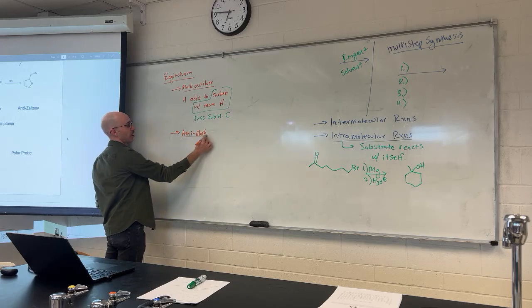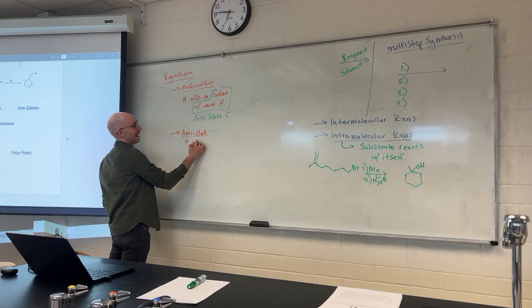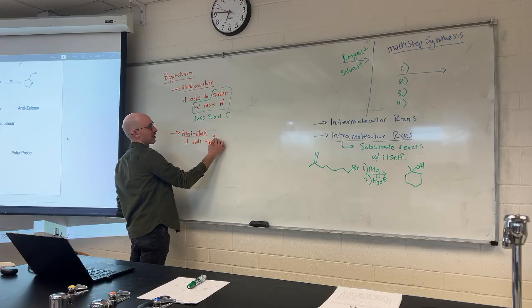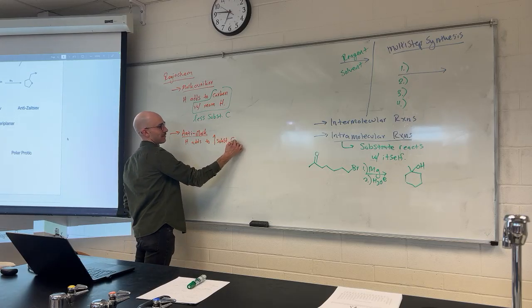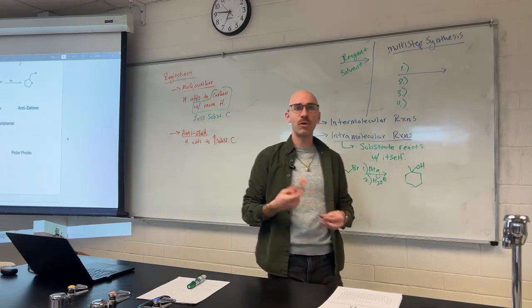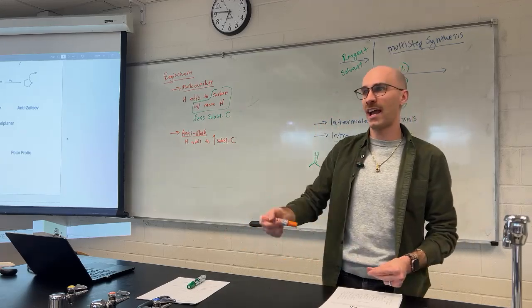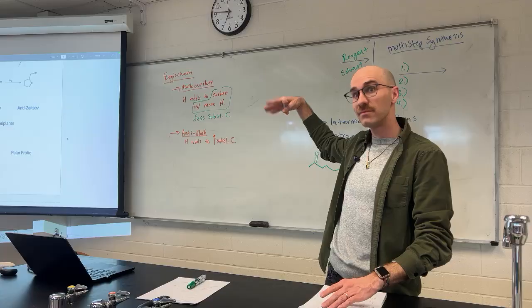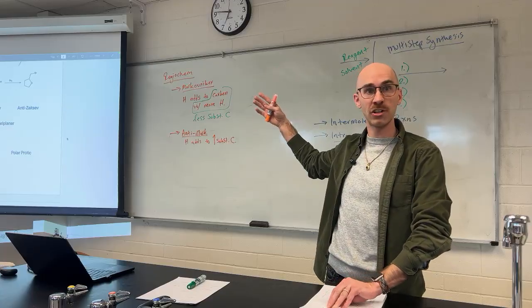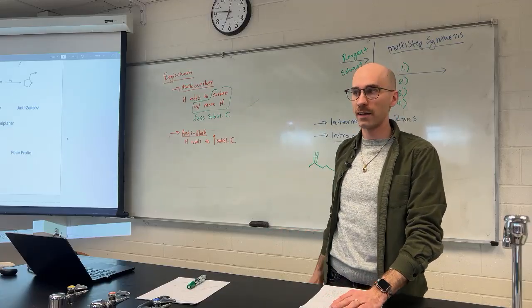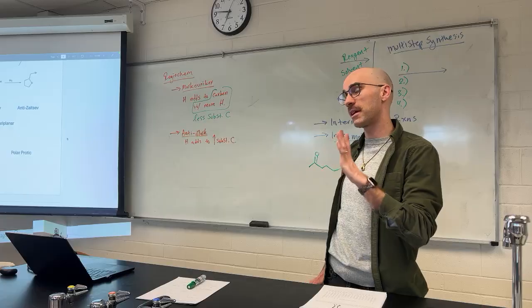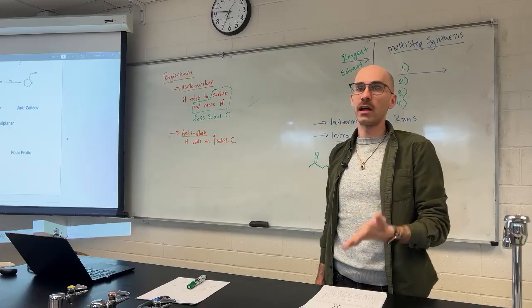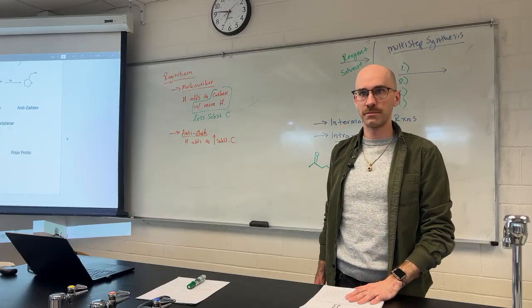The anti-Markovnikov rule says H adds to the more substituted carbon. What good is a rule if you have to have the opposite of your rule? And again, if hydrogen's not involved in the addition, these rules don't even apply, which is not great because there are a lot of addition reactions that don't involve hydrogen.